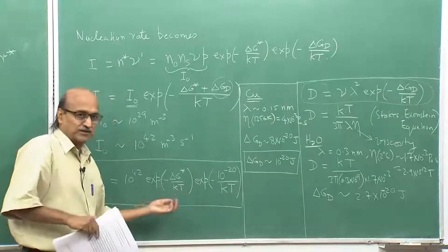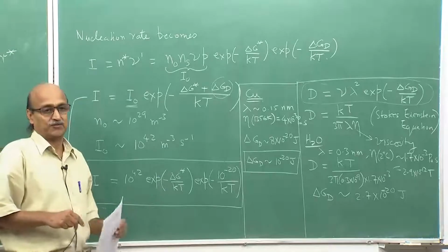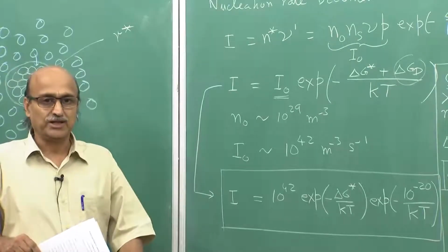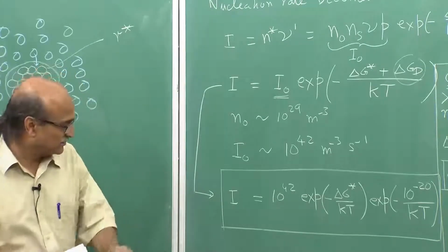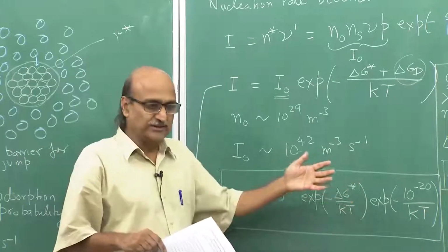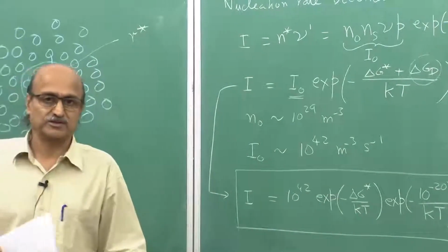This will not be a simple increase or decrease in this term. In fact, it will be shown that the nucleation rate would first increase as the temperature goes down, goes below Tm, or as the undercooling increases. It will go through a peak and then the nucleation rate will start to go down as we keep increasing the undercooling.